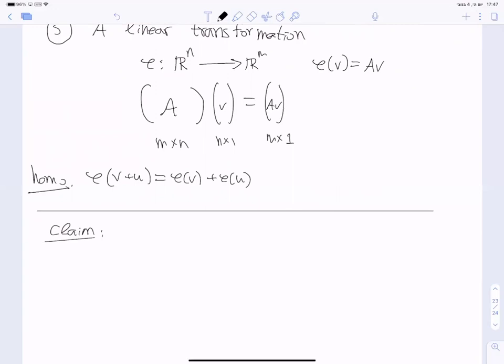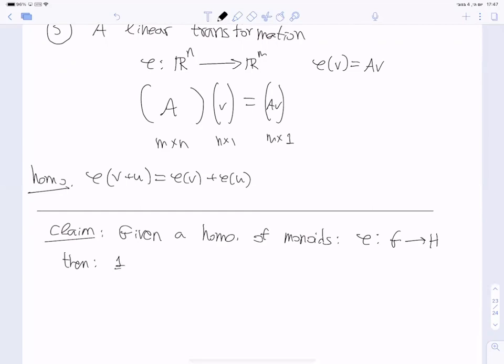Given a homomorphism of monoids, like we've seen, then of course one: phi of the neutral element of G, I mean, the image of the neutral element must be the neutral element in H.